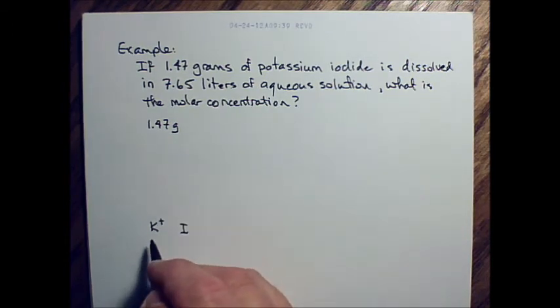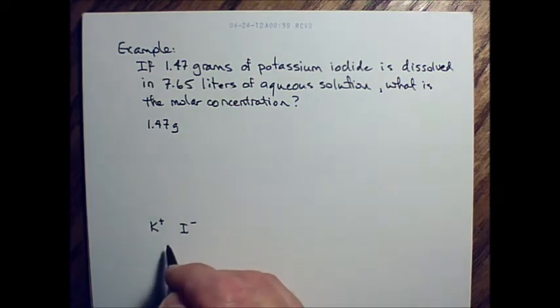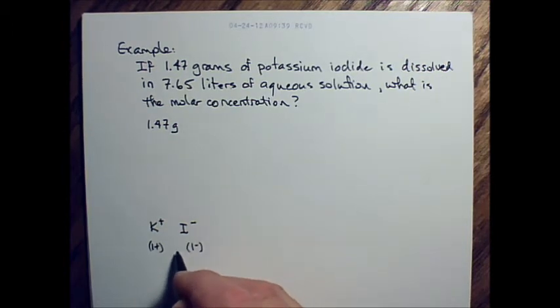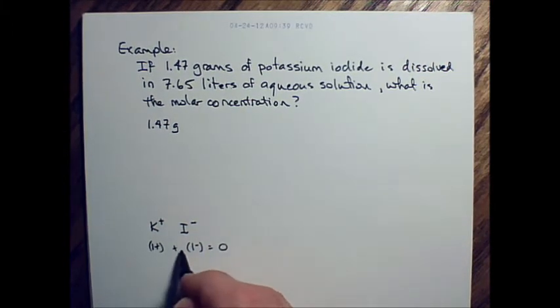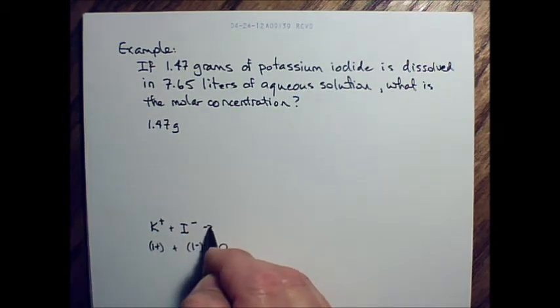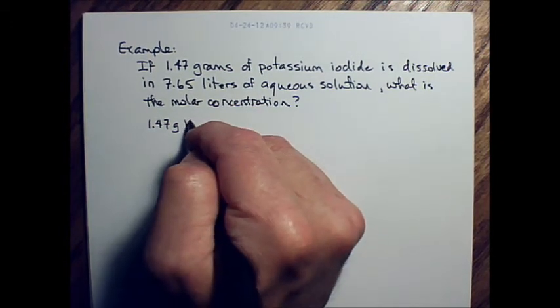Potassium only has one kind of charge. Iodine only has one kind of negative charge. Since I have a 1 plus charge and a 1 negative charge, I don't need any more coefficients out in front here to get a 0 when I'm done. So I just need one of each to get a formula of KI. So this is KI.